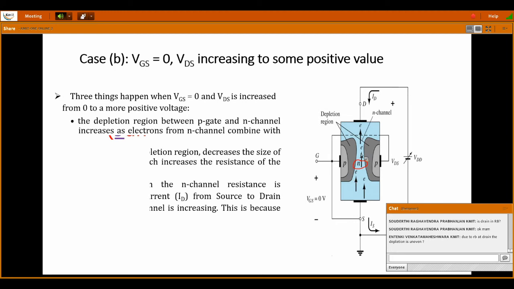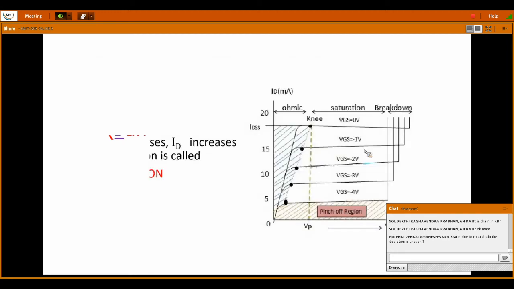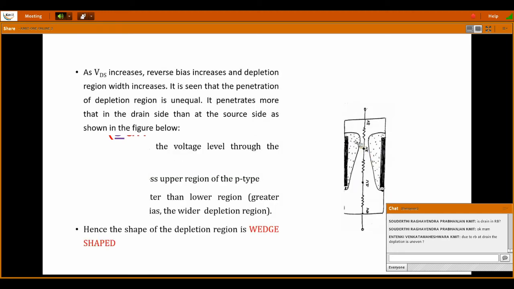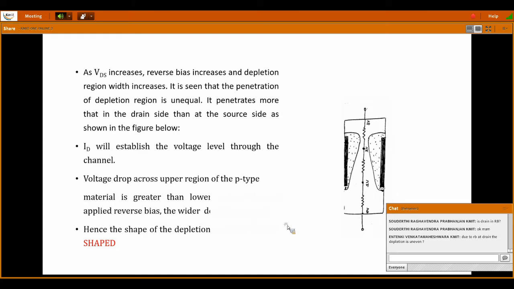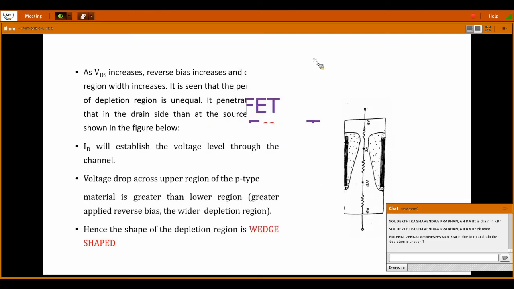So due to this, what happens? The channel is being reduced or narrowed near the drain as compared to the source. Because it is narrowing near the drain, the resistance offered near the drain terminal is more. That we will see in this diagram. See here, the wedge shaped. We call this wedge shaped.